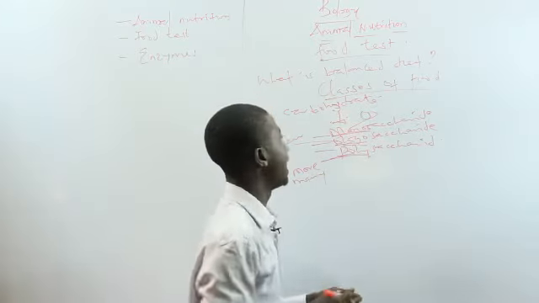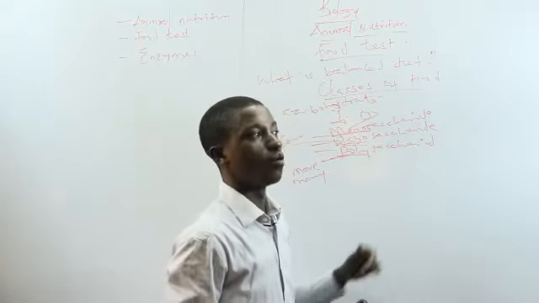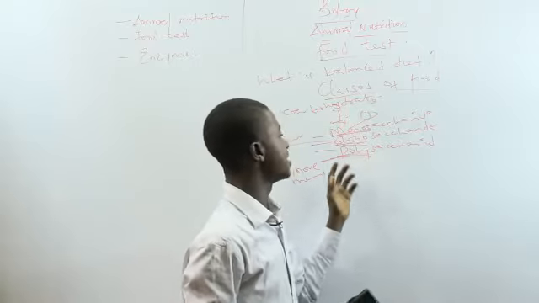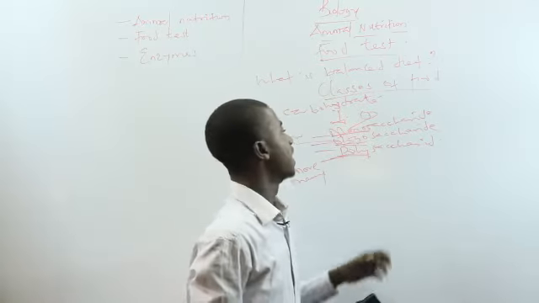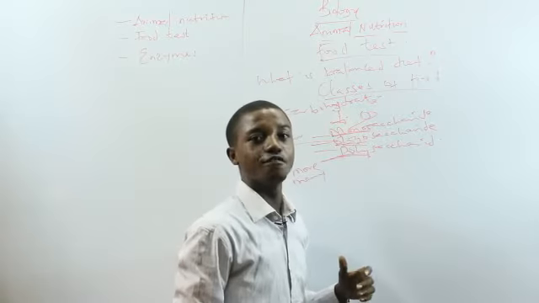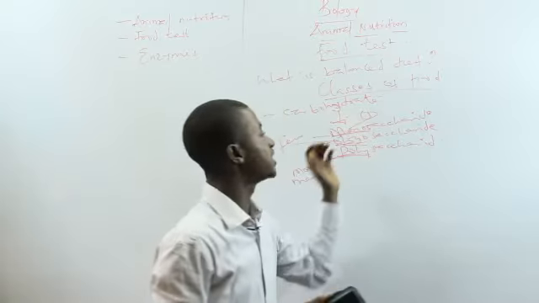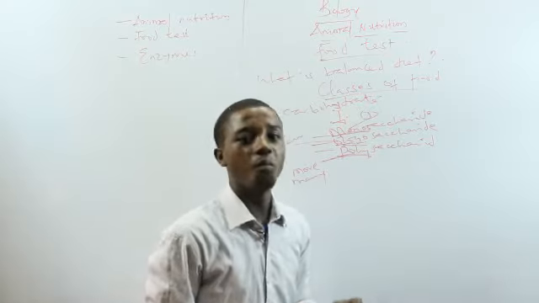So again, carbohydrate is basically divided into three. We have monosaccharide, oligosaccharide, and lastly polysaccharide. Monosaccharide simply means one, oligosaccharide means few, while polysaccharide, poly means what? Many. So now what is monosaccharide?